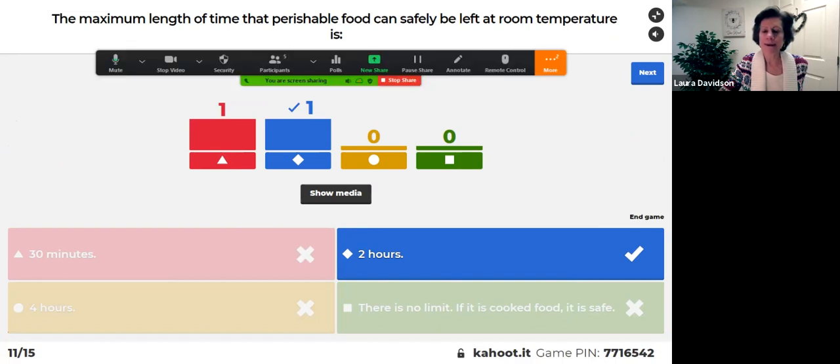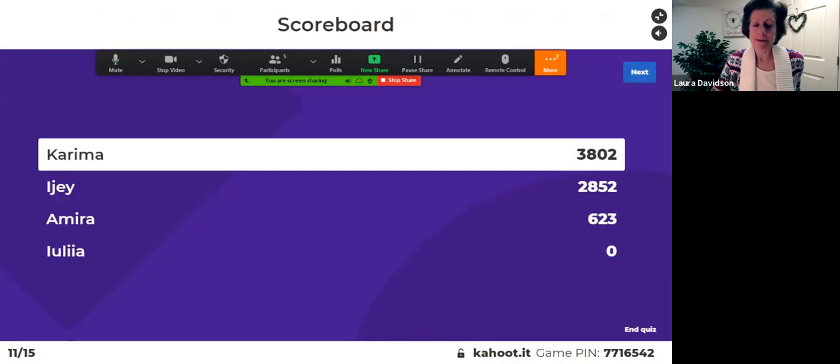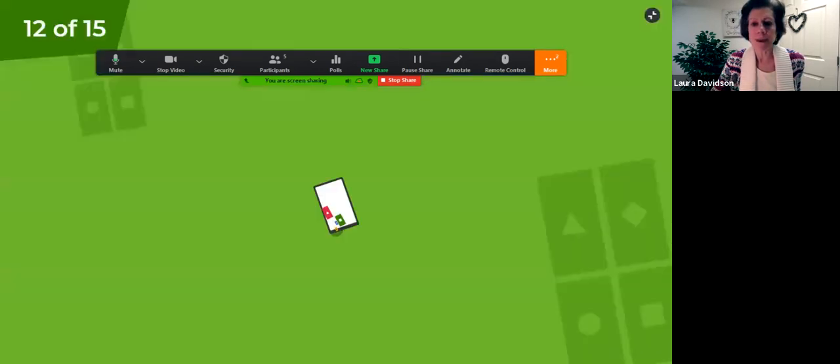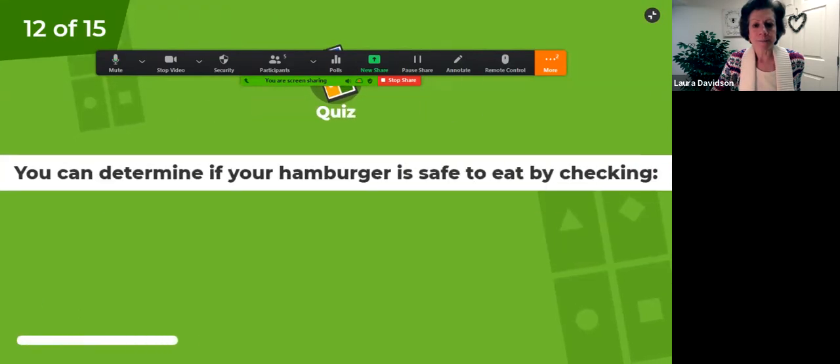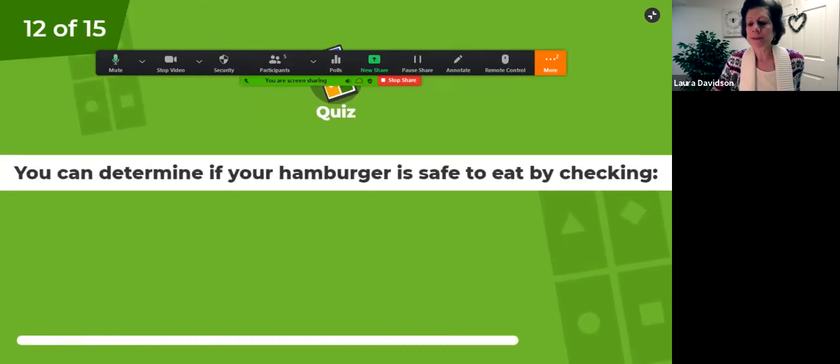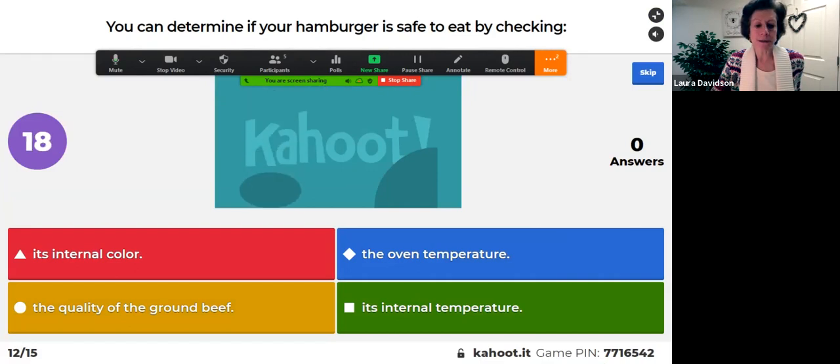So if you make a nice dinner and everyone's sitting around talking, when the 2-hour time is up, you need to get things refrigerated. Because that bacteria grows exponentially. If you look at the graph, it swoops up after 2 hours, and then there's enough that it could make you very ill. You can determine if your hamburger is safe to eat by checking what?